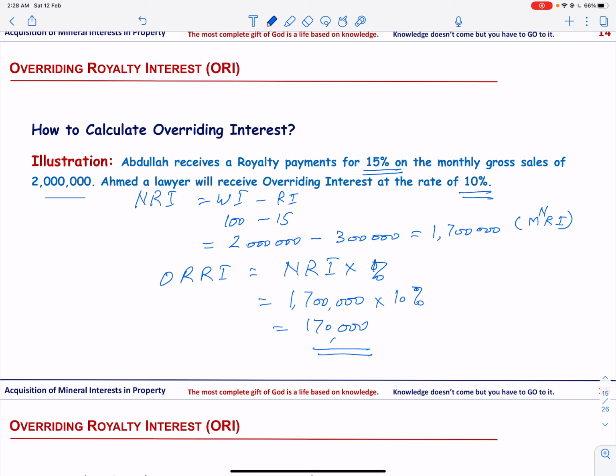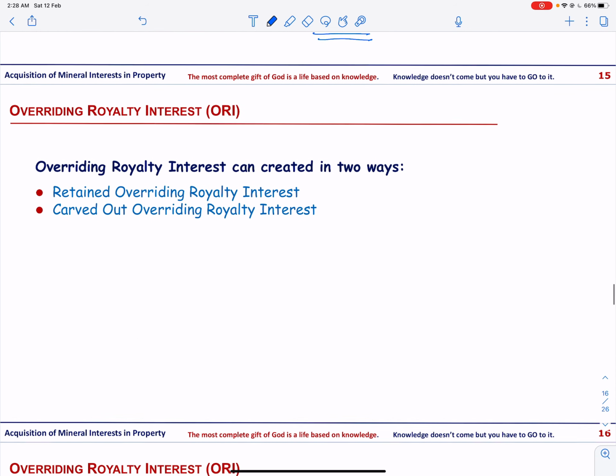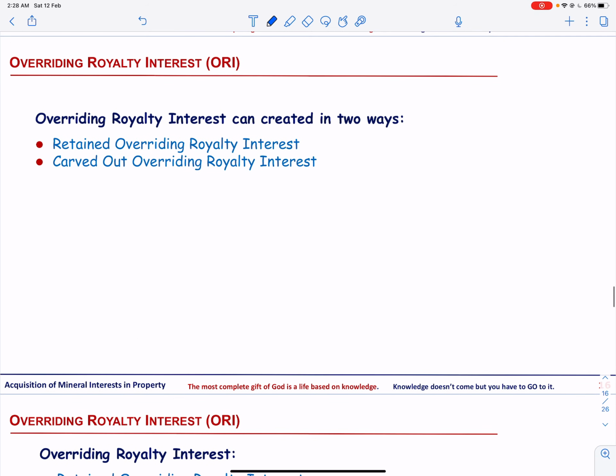Let us talk about the types of overriding royalty interest. Overriding royalty interest can be created in two ways. First, retained overriding royalty interest, and second, carved out royalty interest.